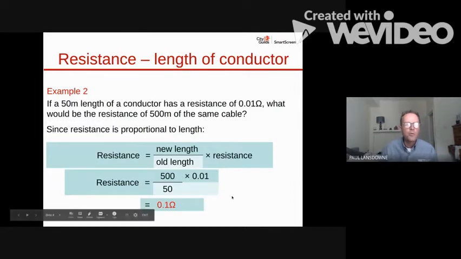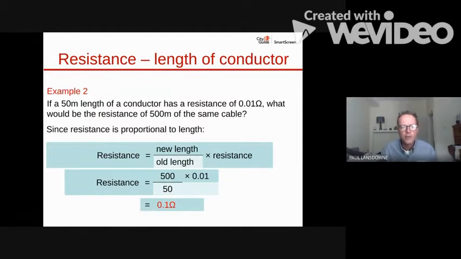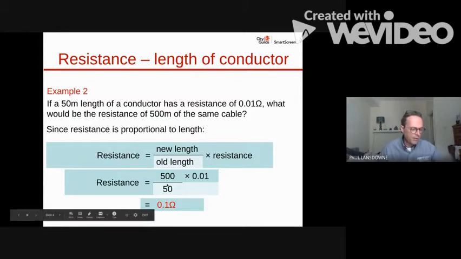In this example, we've got 50 meters of cable and it has a resistance of 0.01. What would the resistance of 500 meters of the same cable be? Since the resistance is proportional to the length, we've got quite a nice little calculation here with new length, old length and resistance.